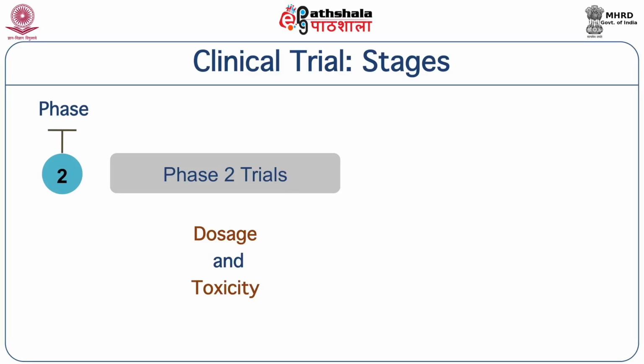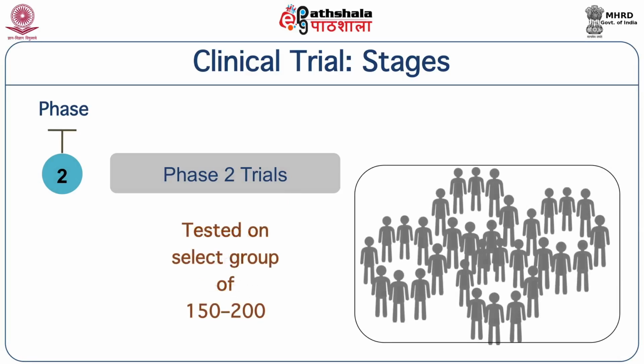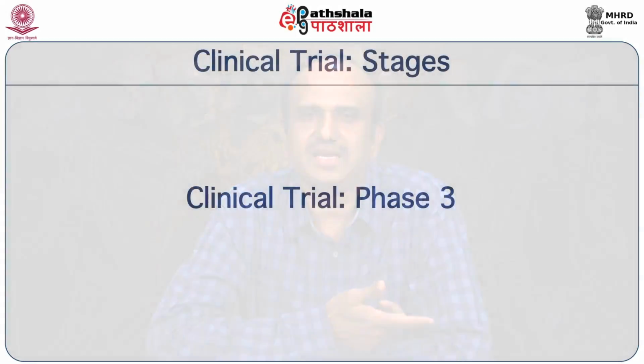In the phase 2 trial, the dosage of the drug and the toxicity of the drug will be tested on a select group, say 150 to 300 people. If that is permissible and the human responses are safe enough, then it moves on to phase 3 trials.